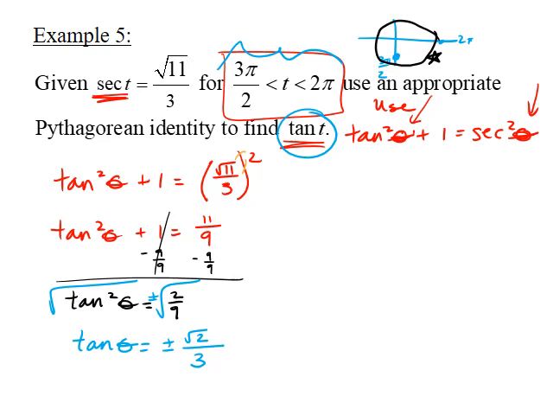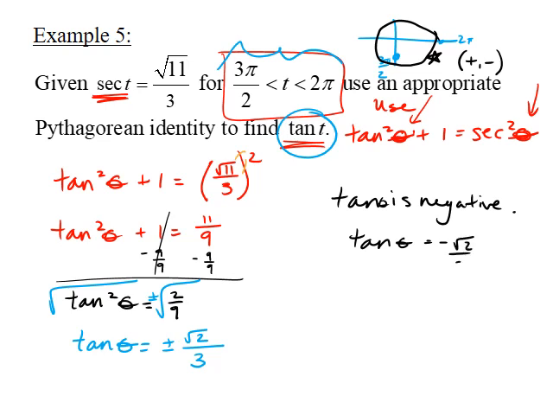So in this case here, tangent is, let's see, in this quadrant, this is positive, this is negative, and so in this quadrant, tangent is negative. So we will take the negative value. So tangent of theta is negative root 2 over 3.